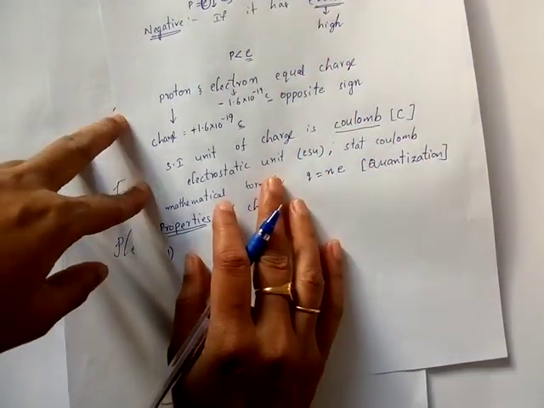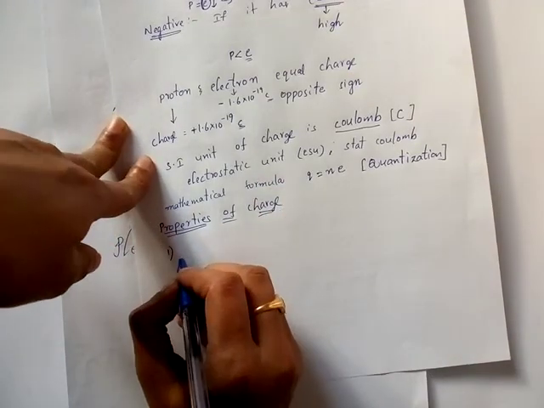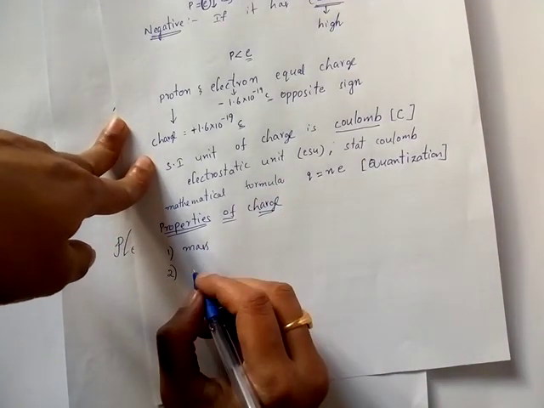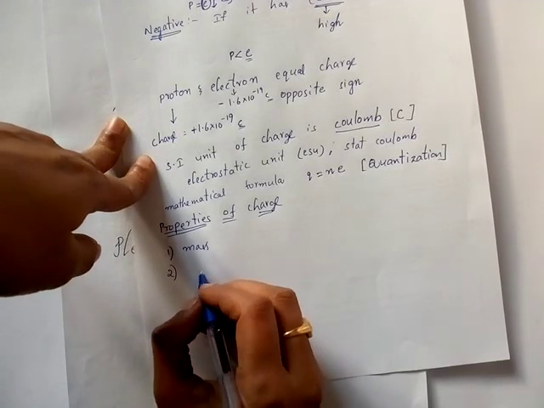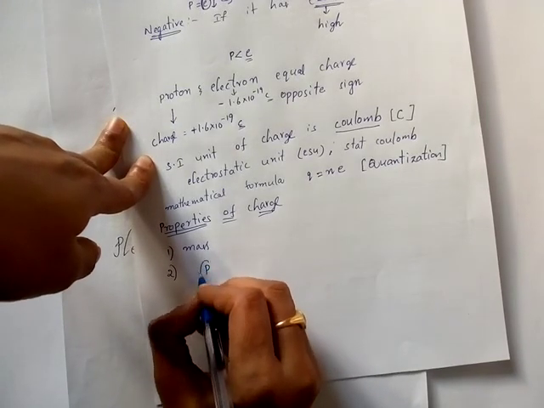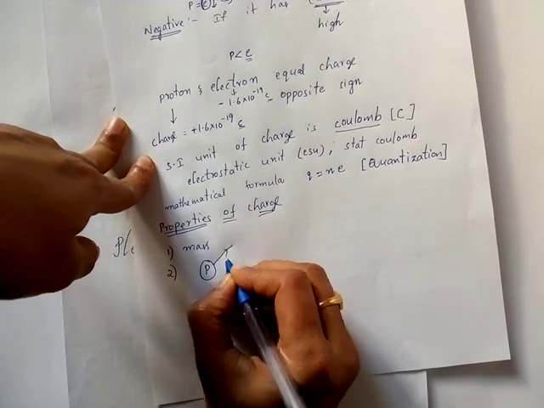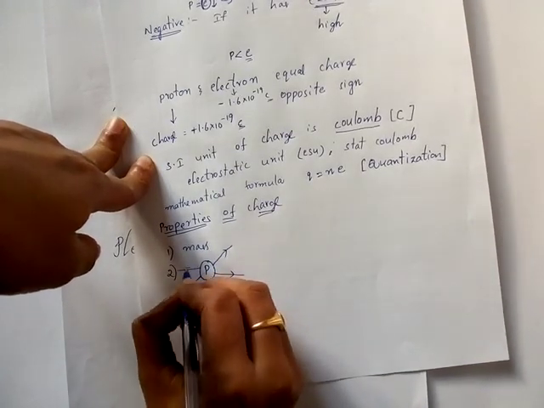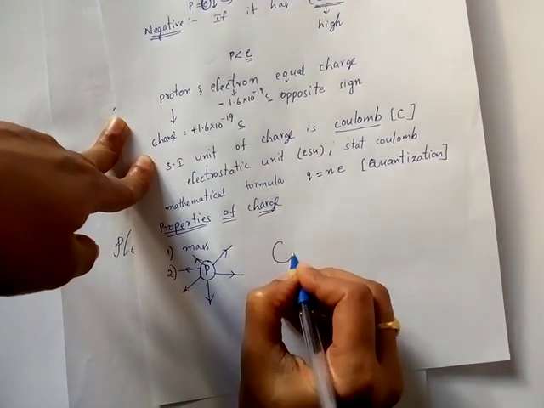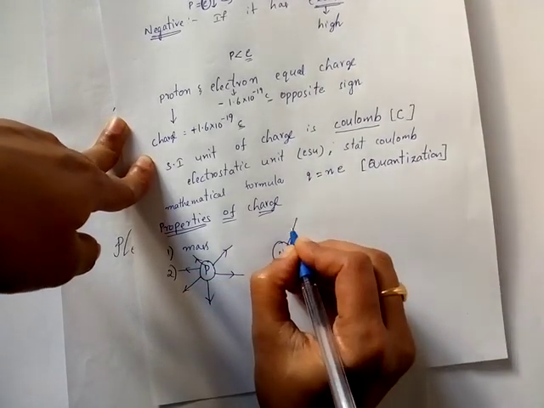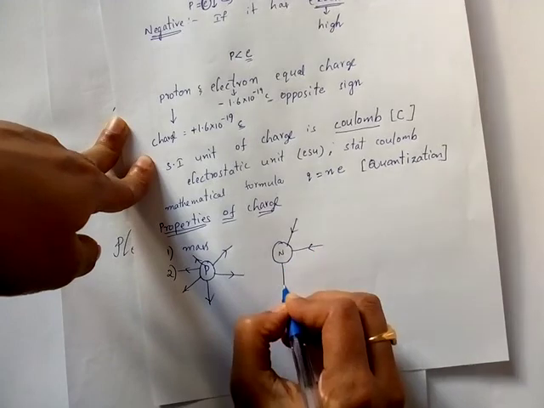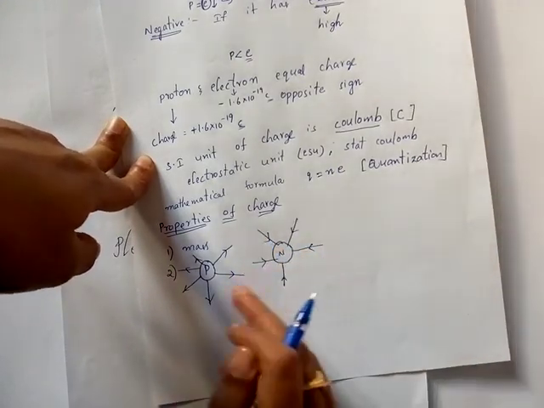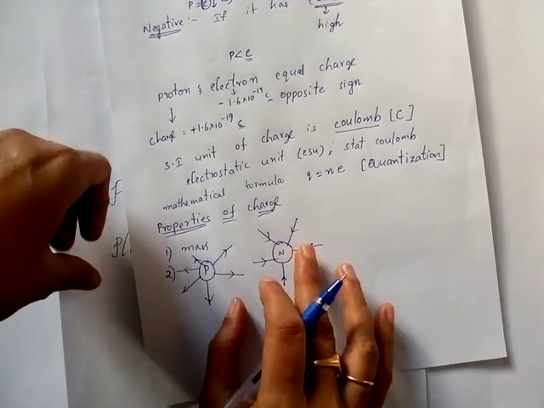And charges are of two types, positive charge and negative charge. First one is associated with mass, second one is types of charges. Generally positive charge is represented as charge going away like this, and negative charge is represented as charge coming inside towards. So this is positive charge and this is negative charge.